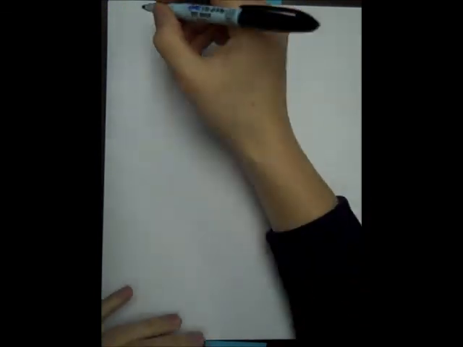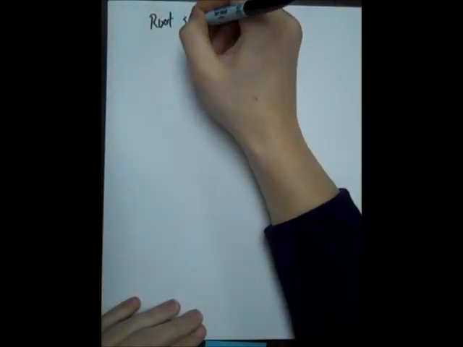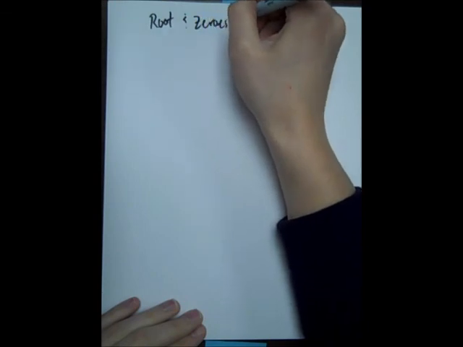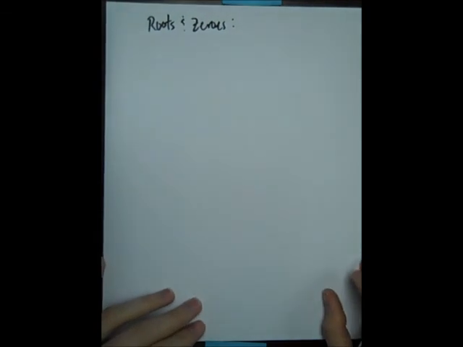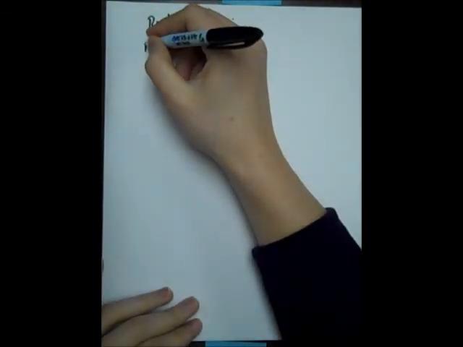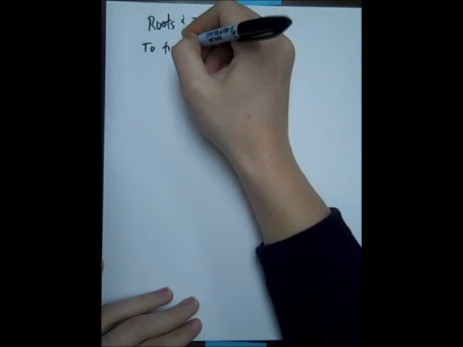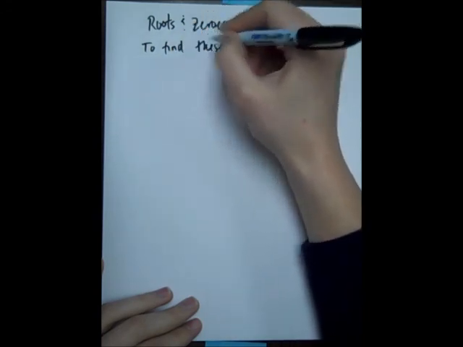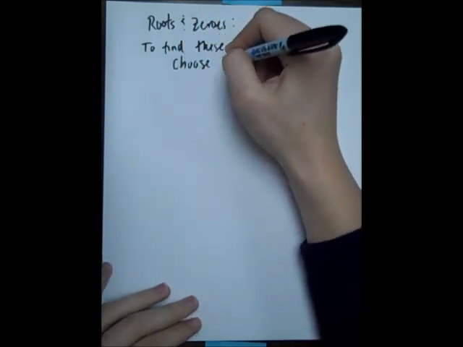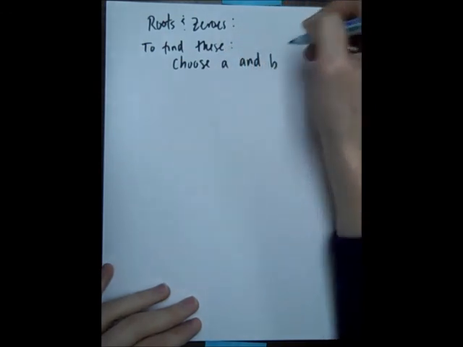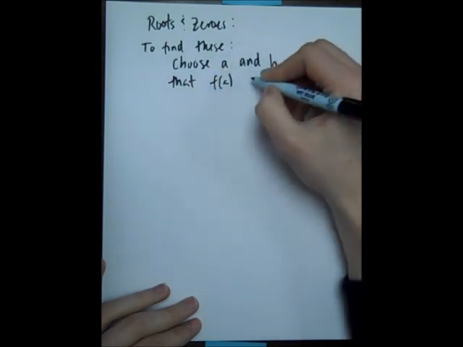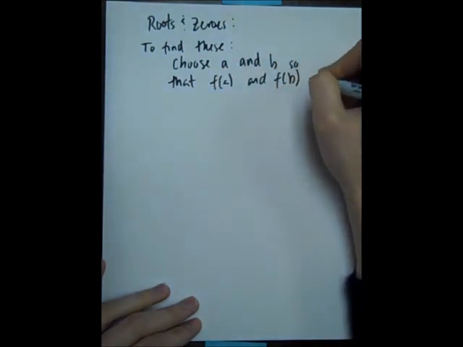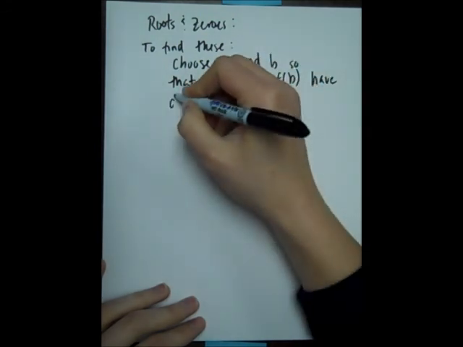Another way you could use the intermediate value theorem is to find roots and zeros, which are the same thing. The way you want to find roots and zeros is to choose a and b appropriately so that f of a and f of b have different signs.